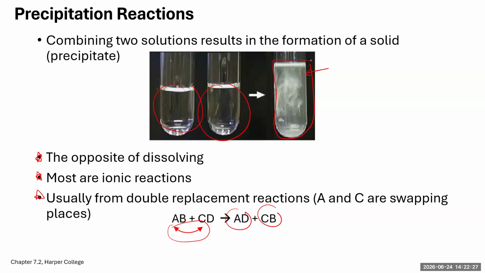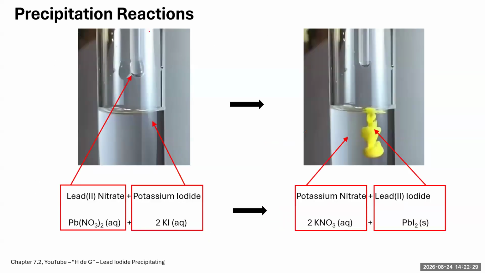So let's take an example here. There's a clear solution of lead nitrate. We have lead 2 plus nitrate, which is dissolved. They're both aqueous, which means they're actually separate and dissolved in there.